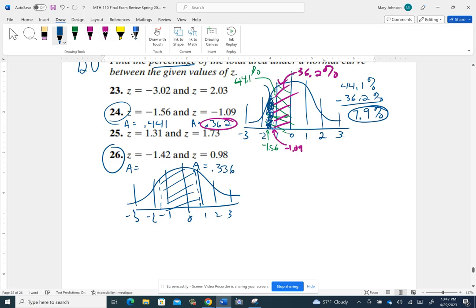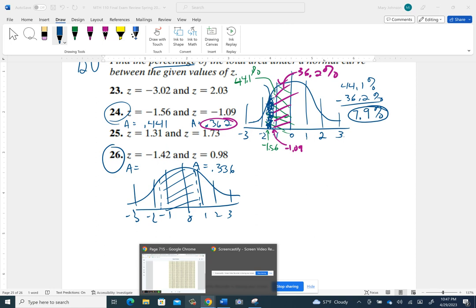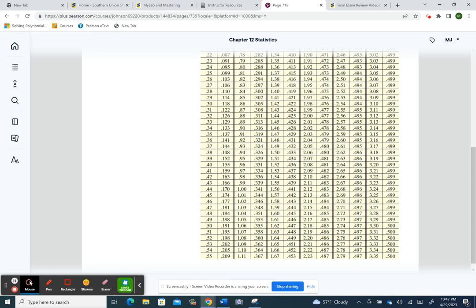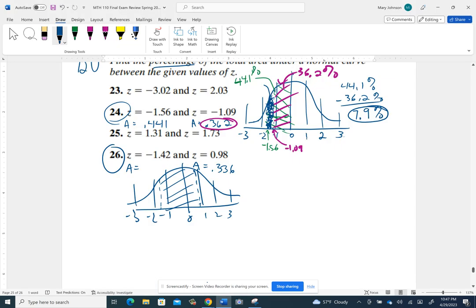And if the z is 1.42, I get 0.422. Okay, so this part right here, this information is telling me from the mean to that z-score.